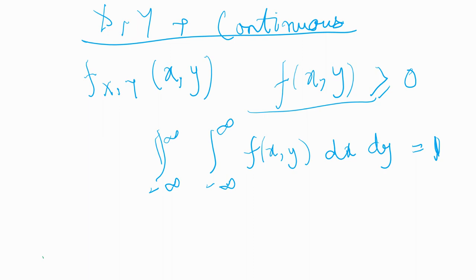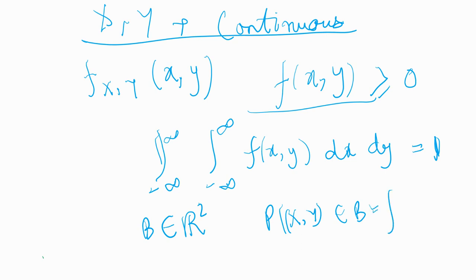And this one is that if B belongs to R squared, then the probability that (X,Y) belongs to B will be equal to the integral of f_XY over B, dx dy.